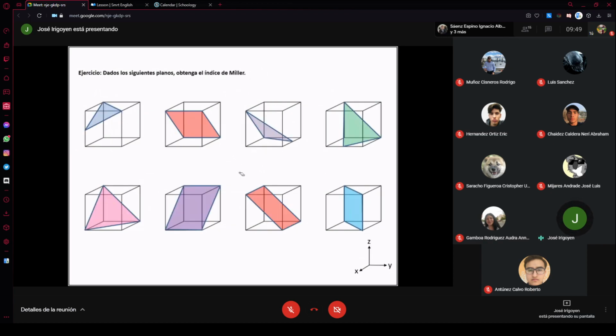These slides are now in Schoology, so if you want to print them and draw on them, you're free to do that. I'm going to give you an assignment to upload this homework, right? Because now it's 9:50. And we're going to continue all this material on Miller indices and X-ray diffraction next week. So let me call the roll.